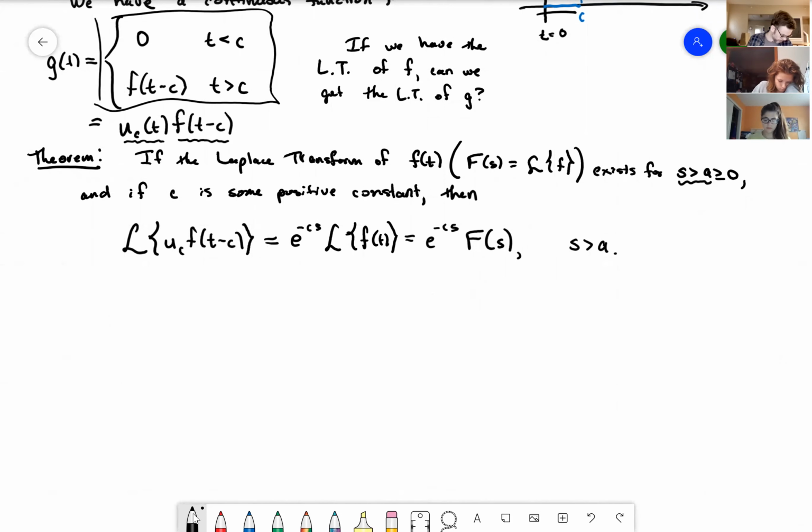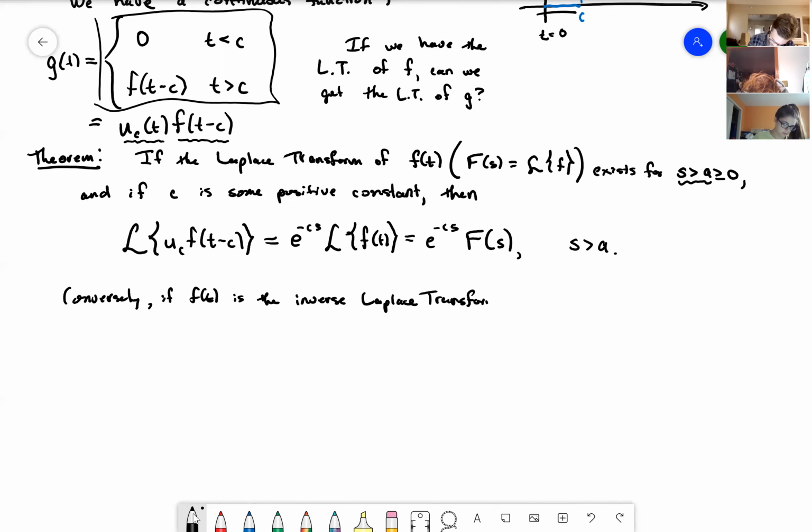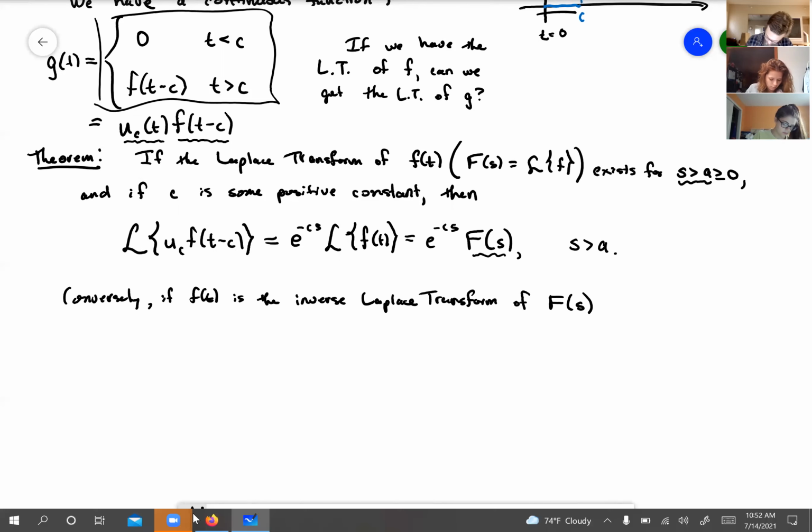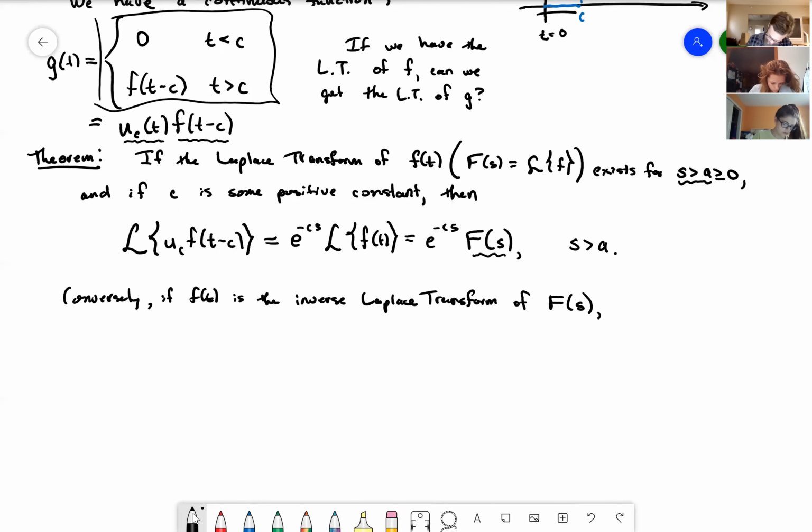And of course, the Laplace transform works in the other direction. So conversely, if f of t is the inverse Laplace transform of F of s, so if we knew how to work backwards from F of s, then we also know how to work backwards. In other words, what am I saying?